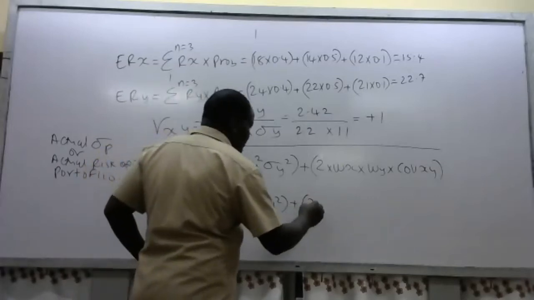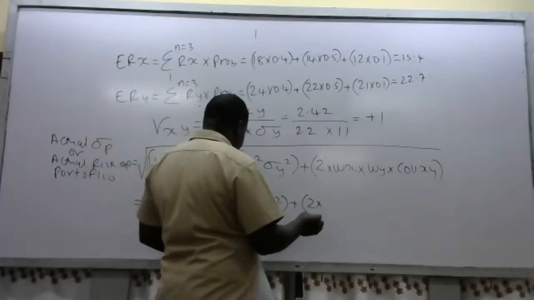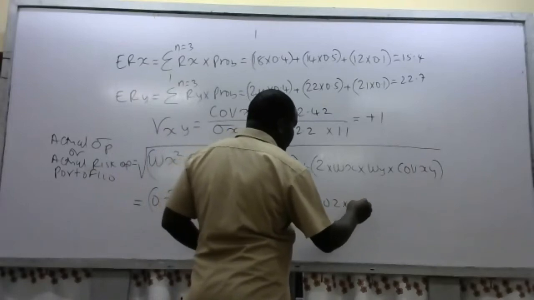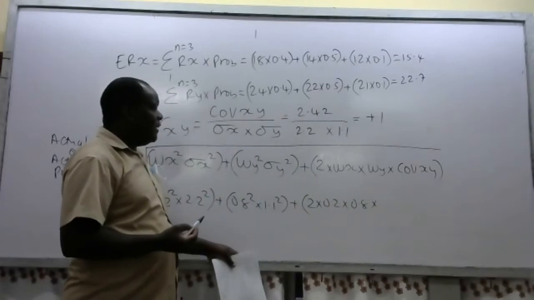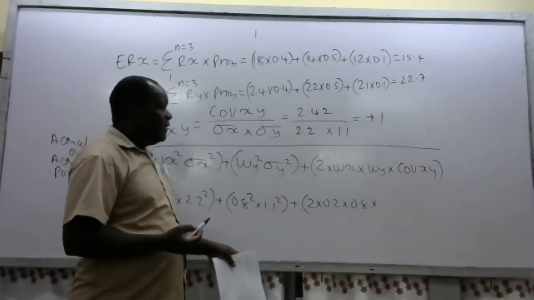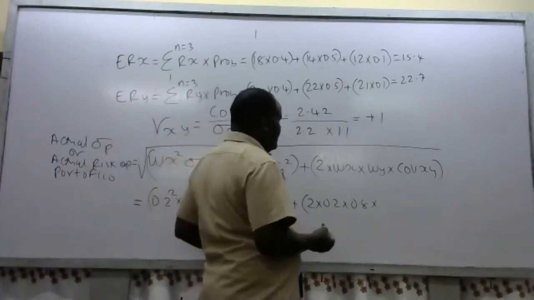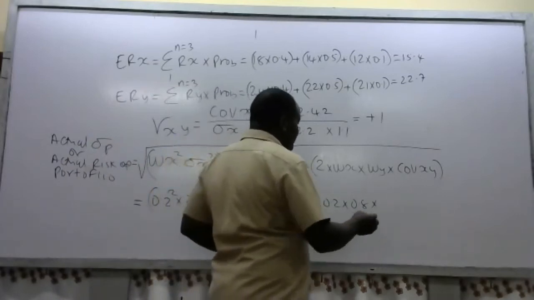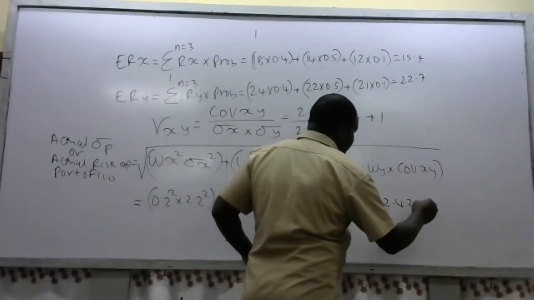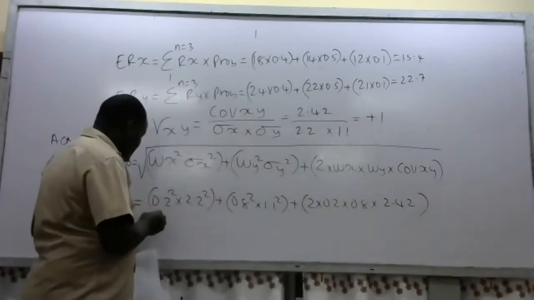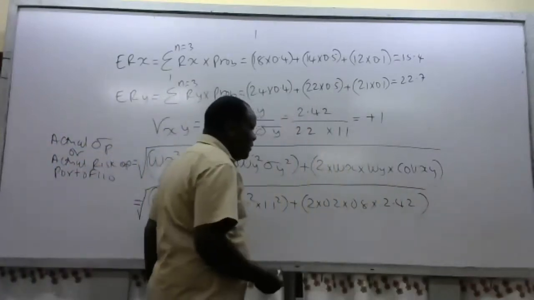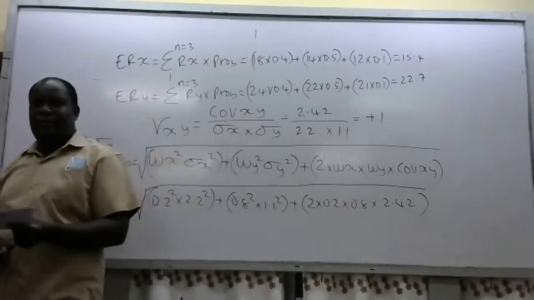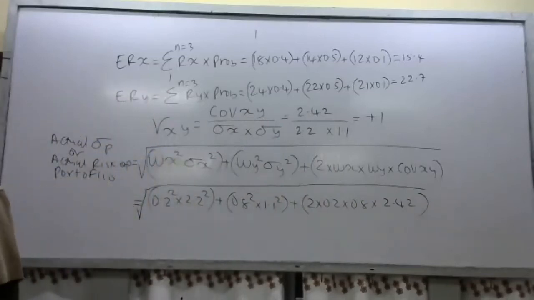Then 2 multiplied by 0.2 multiplied by 0.8, then the covariance between x and y, we got 2.4. Then you can come up with the square root of that.